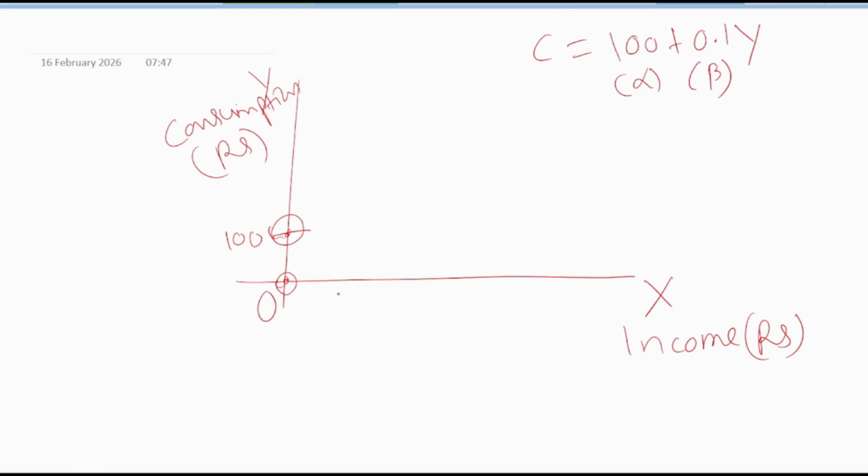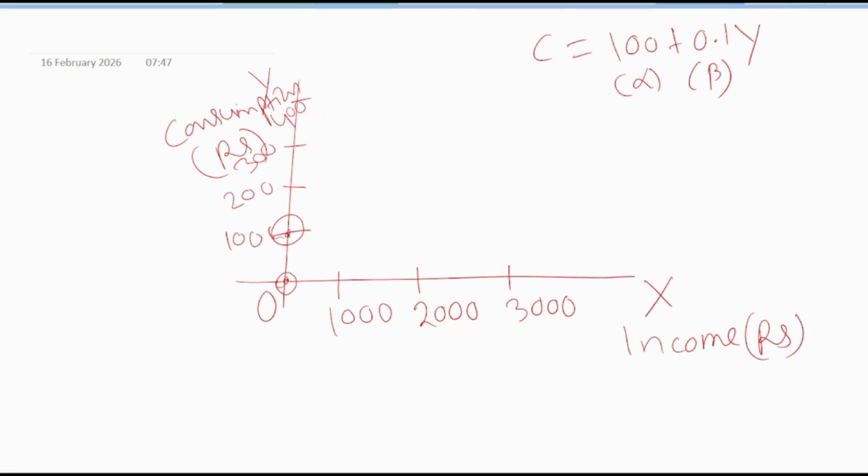And when income increases from 0 to 1,000, 1,000 to 2,000, 2,000 to 3,000, consumption increases from 100 to 200, 200 to 300, 300 to 400.